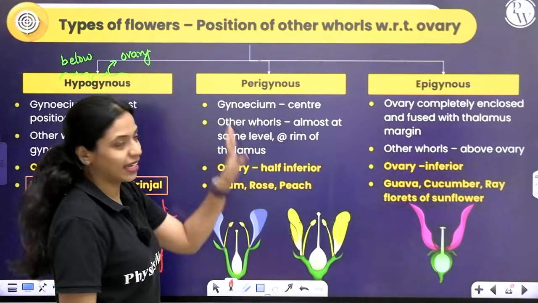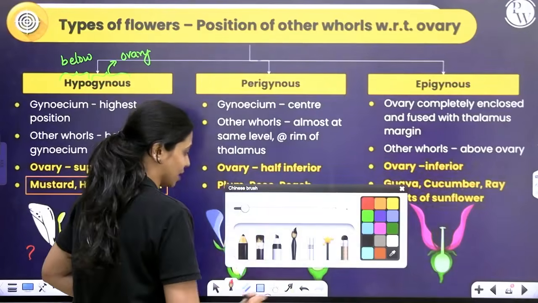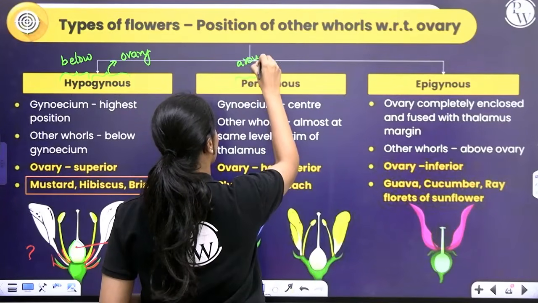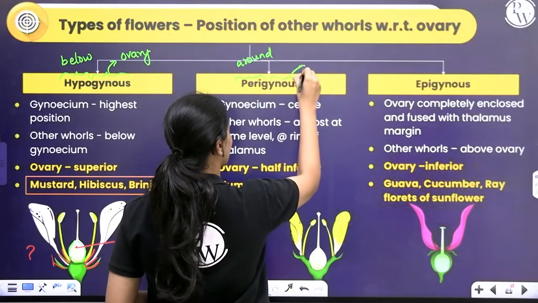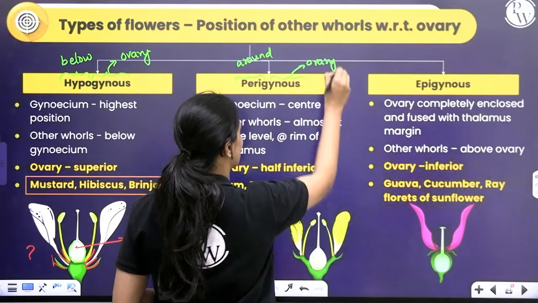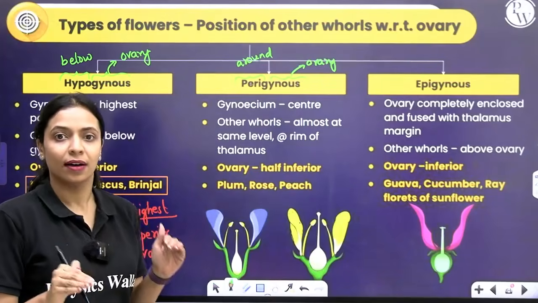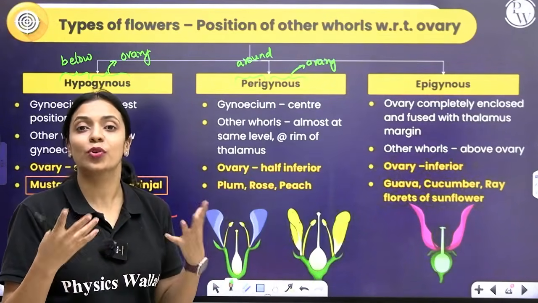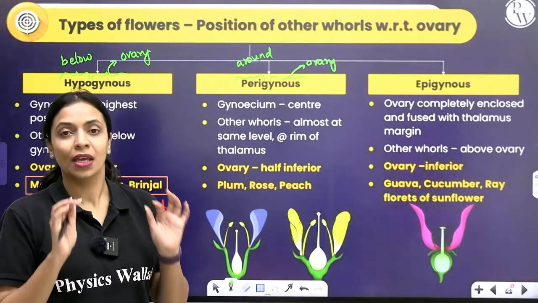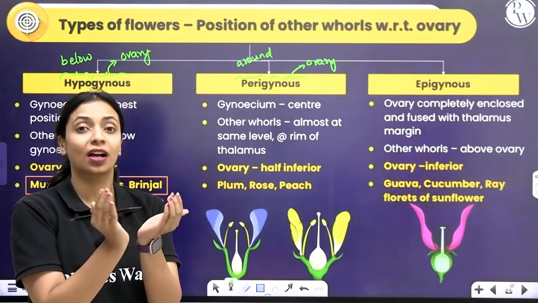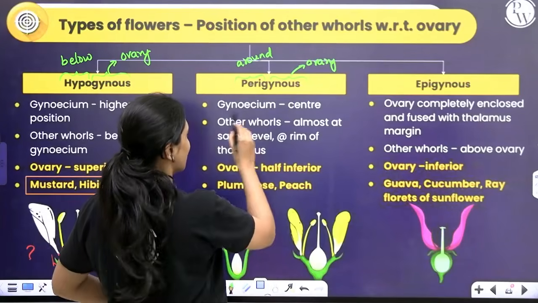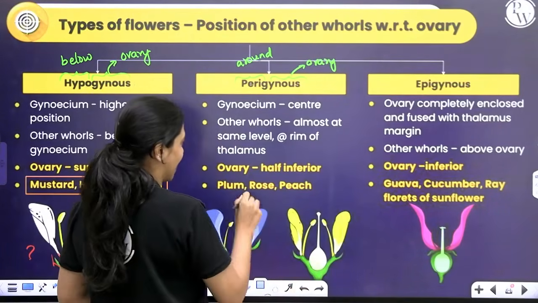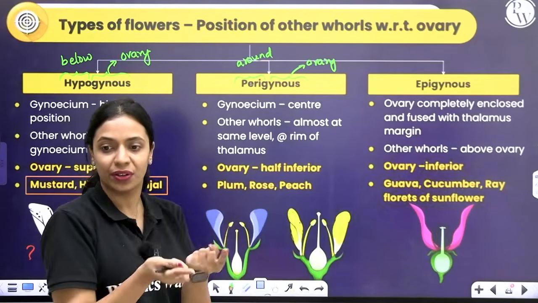Next, perigynous flowers. Peri means around. Gynous here again is relating to the ovary, which is a part of the gynoecium. Here, the other whorls arise from pretty much the same position as the ovary. Here, the thalamus forms a cup-like structure. Okay? At the rim of the cup, you know what a rim is?